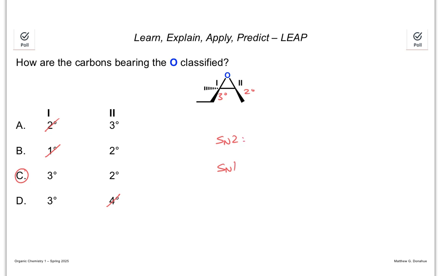Remember the reactivity trend for SN2? Methyl reacted faster than primary, primary faster than secondary, and tertiaries were unreactive. SN1 was the opposite.